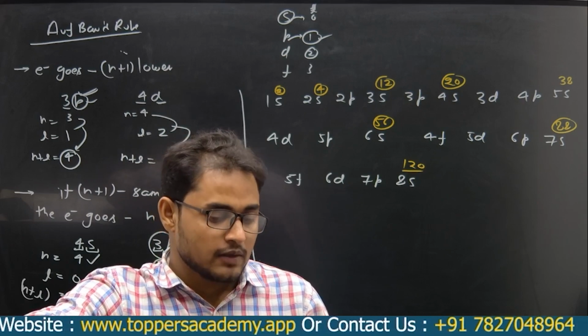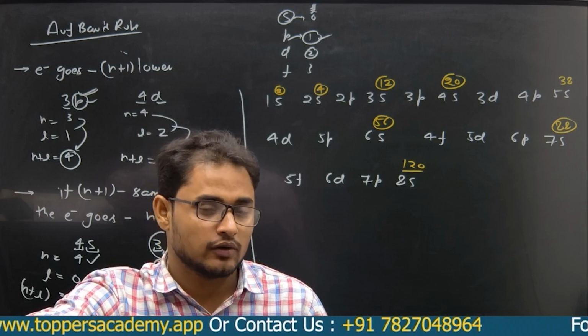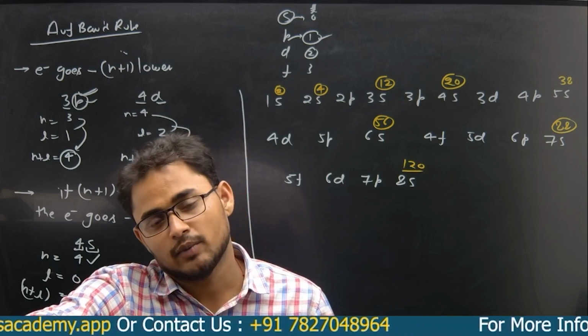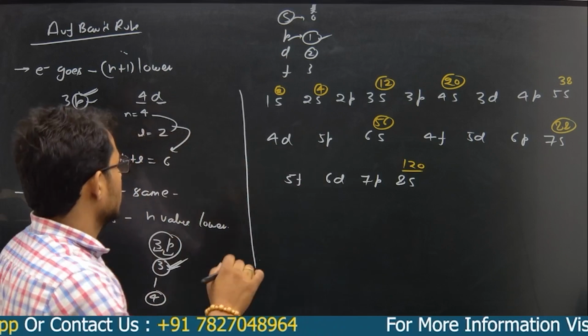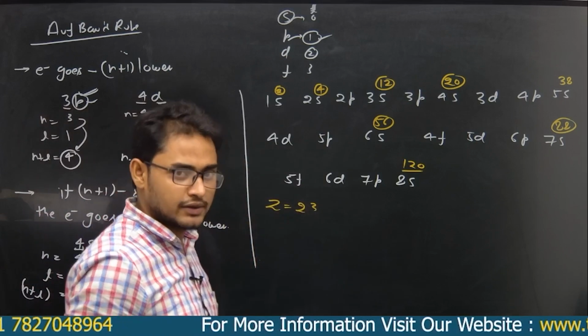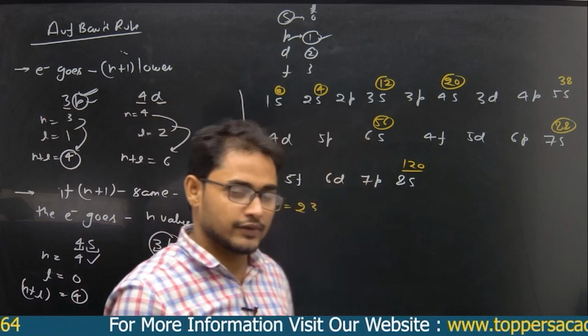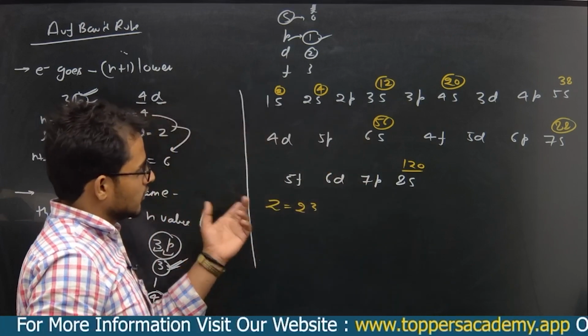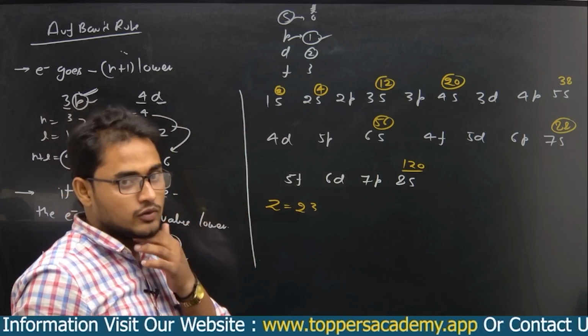Flow chart. Suppose I am going to write the electronic configuration for atomic number 23. That means there are 23 electrons, right? If it is neutral and the atomic number is 23, the number of electrons will also be 23.